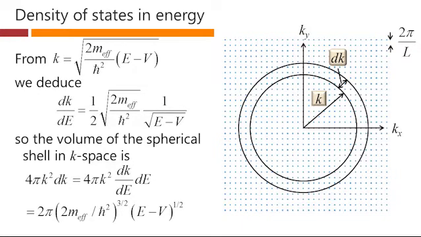And since we know dk by dE here, we have therefore an expression for dk by dE times dE. The K squared here means that we end up not with the square root of E minus V on the bottom line, but we end up with the square root of E minus V on the top line because we've taken the K squared into this expression.